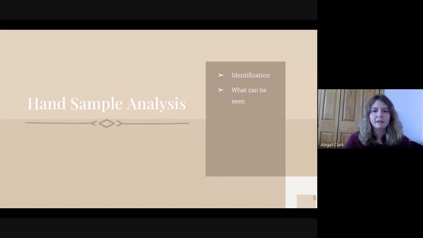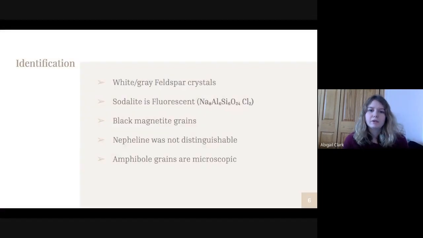So in my hand sample analysis, what can I identify in hand sample, really? What we can see are white-gray feldspar crystals. These tend to be large lath shapes. Sodalite, you can't really tell unless you have a black light, which if you remember back to when we first identified these rocks, we had one that fluoresced orange, which is this Nepheline-Sodalite syenite, and it's the sodalite that is actually fluorescing.